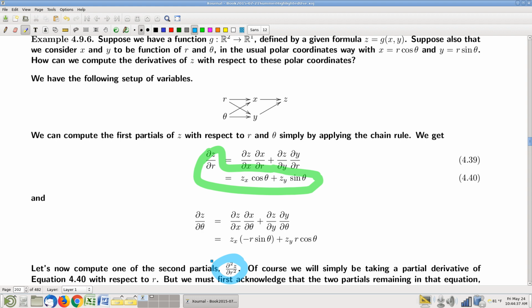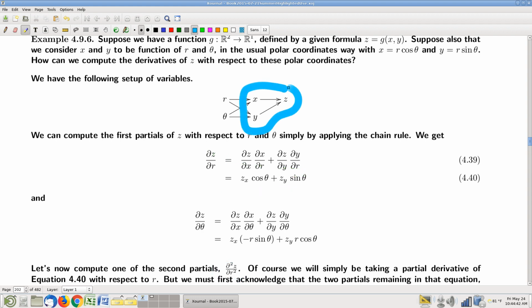Okay, so easy argument. If z is a function of x and y, what'll happen if I take a partial derivative of it with respect to x? Still a function of x and y. That's the big point here. So that zx is a function of x and y.